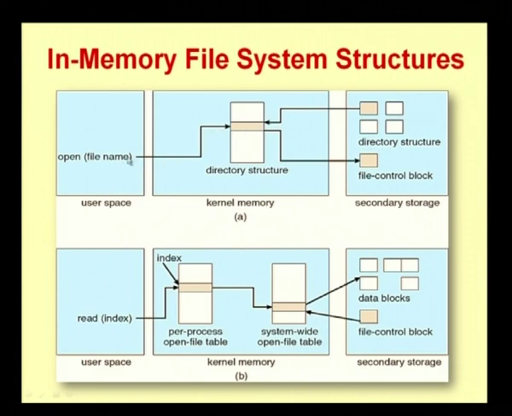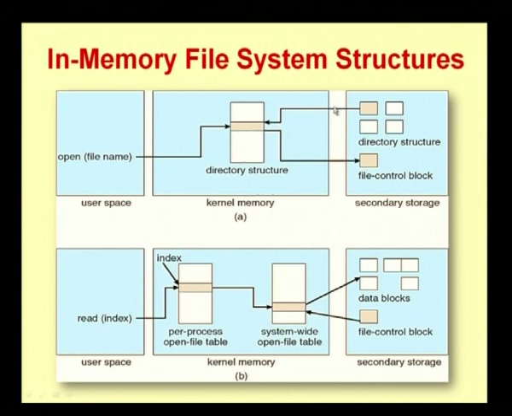When you open the file, immediately the command goes from this location and it searches the directory for the file. If the file exists, it opens, and this file is taken from the secondary storage. Secondary storage is the hard disk. So this opening of the file is given to the kernel memory, right?